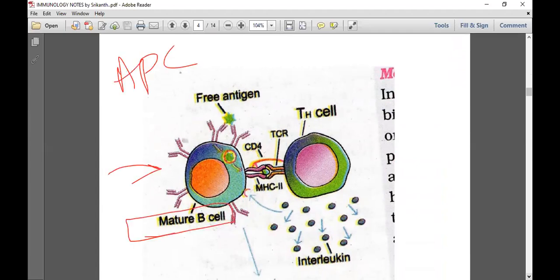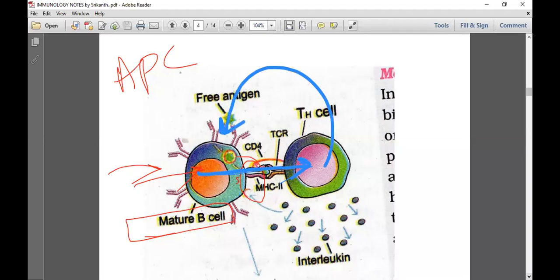When a microbe enters, it takes the microbe inside and makes the MHC class 2 molecule. The processed microbe is attached to the MHC class 2 molecule, and we present this microbe to the T helper cell. But what happens? In return, the T helper cell again activates that B lymphocyte.